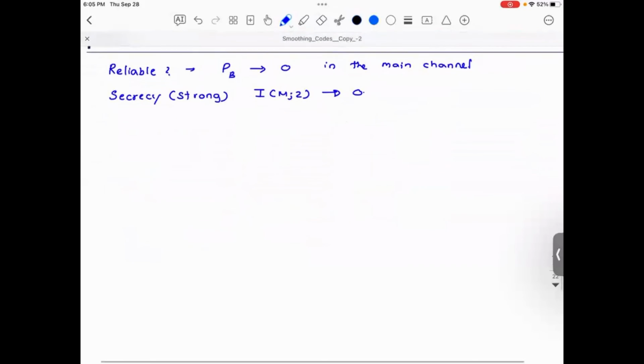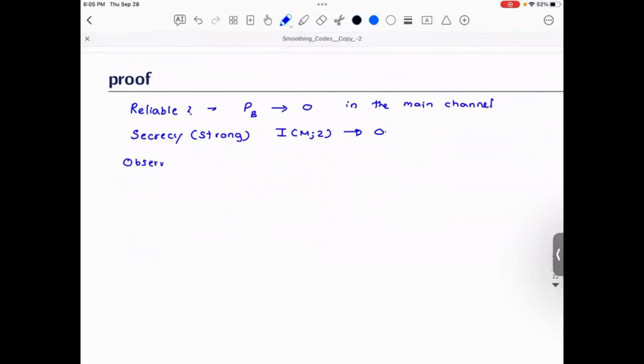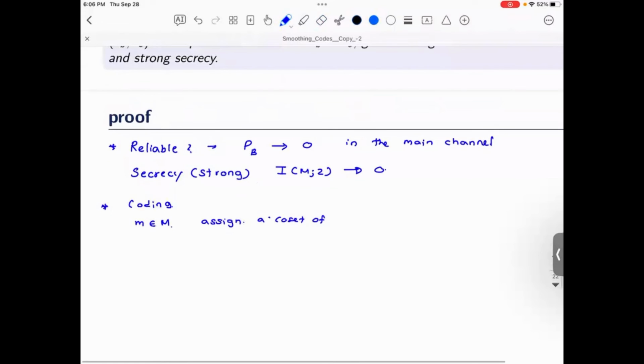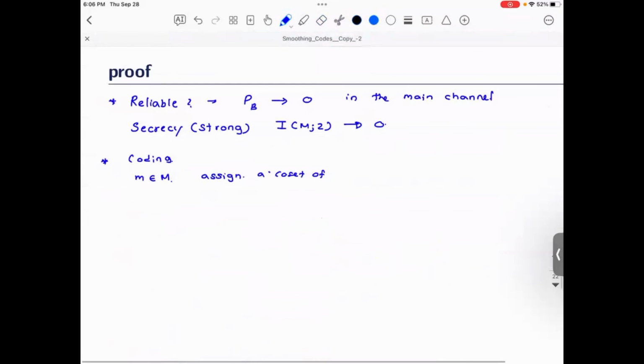Okay, now what are the observations? Before going to these, I will again explain how this coding mechanism works. For each message M in the message set, we assign a coset of CE in CB.